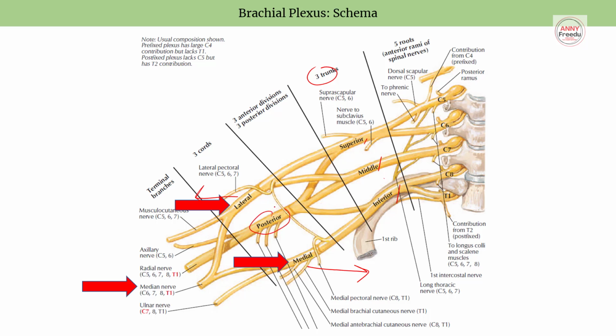And we call this posterior because when you compare the medial and lateral cords of the brachial plexus, this posterior cord is really behind compared to the lateral and medial cords. And we also have a nerve that is the median nerve, and we call this a median nerve because it is in the center.